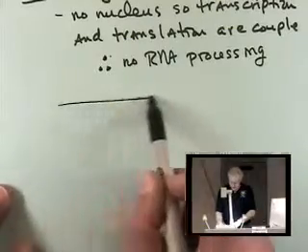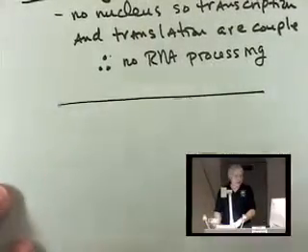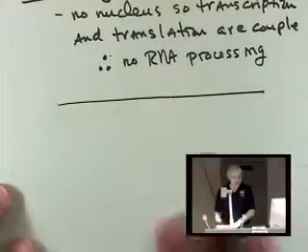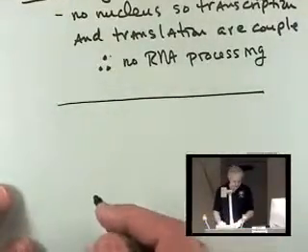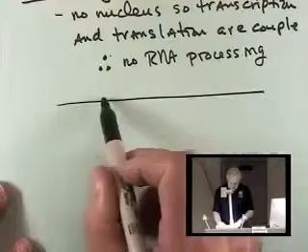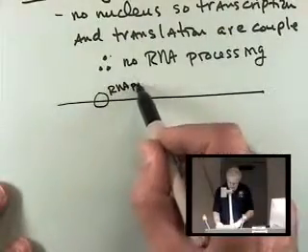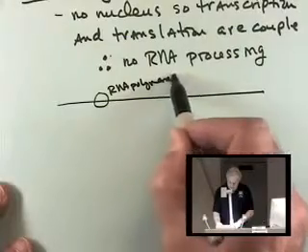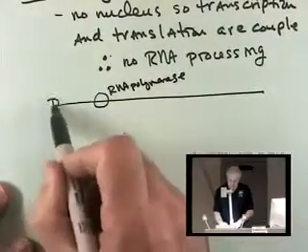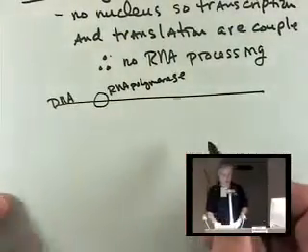So here's the DNA. Again, the template strand. Somewhere there's a promoter region, transcription factors, gets things started. Here's our circle showing the RNA polymerase. This is the template strand of the DNA.